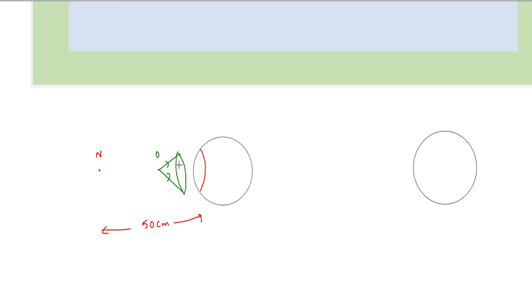Rather, the optical instruments or the corrective lenses would form the images at the point from where the eye can see. So in this case, this object forms image at the point n, because from the point n the eye can see it clearly.